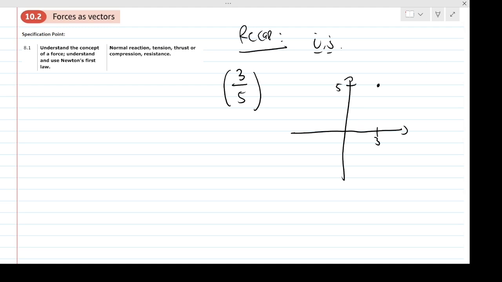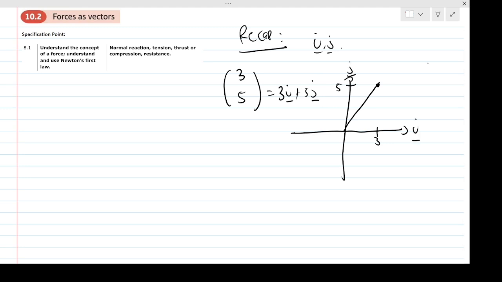So that's my point. Then the vector joins from the origin to the point, okay? We can write this in what we call i and j notation as 3 lots of i, add 5 lots of j, okay? So the i part is essentially the x part, and the j is the y part. So i would be here and j would be there, okay?